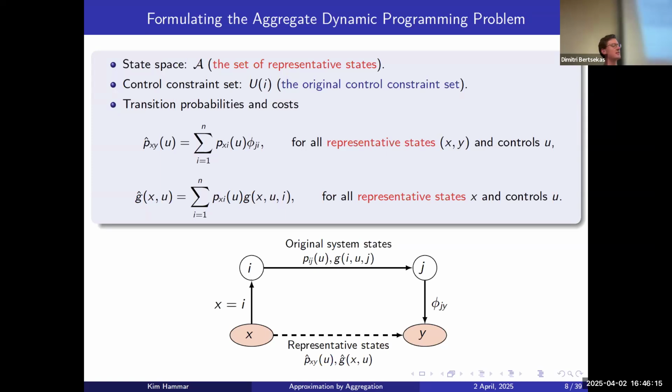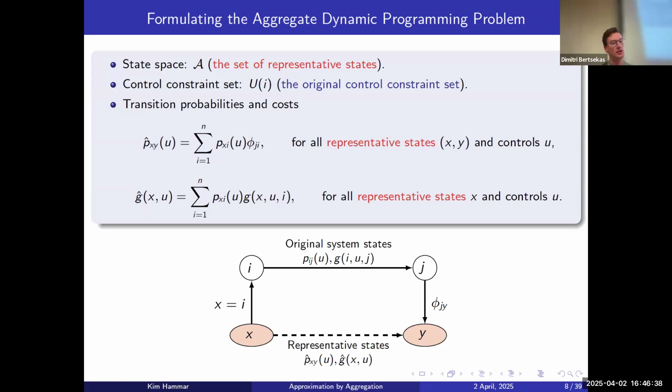So the problem is that we're working with quite large scale problems here, and we're trying to have an approximation methodology that can scale to very large state spaces. And here we have a sum over the entire state space. And if you're working with a state space of, say, 10 to the power of 100, that will simply not be computationally feasible.